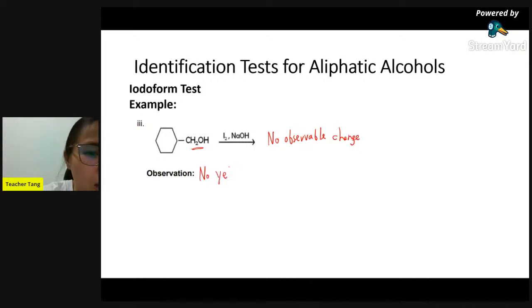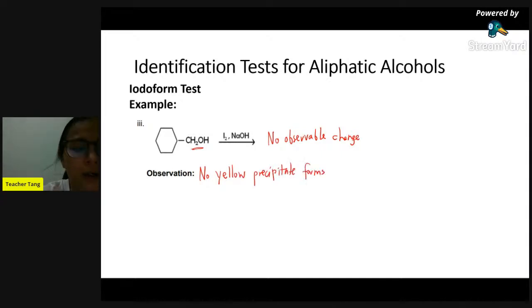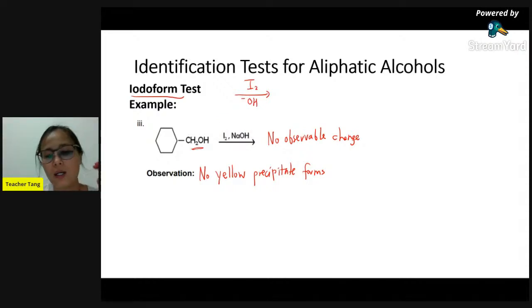And for the observation, we write no yellow precipitate forms. Okay, so for the iodoform test, the reagent is iodine in alkaline condition. Not necessarily NaOH, but it needs to be alkaline condition.